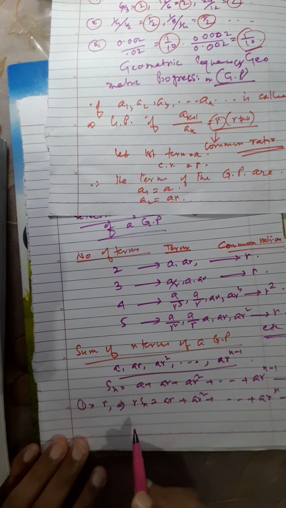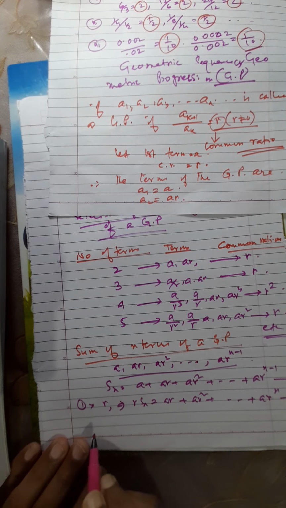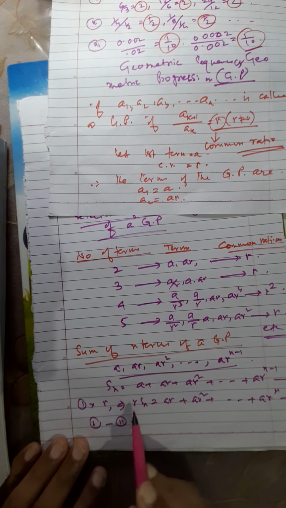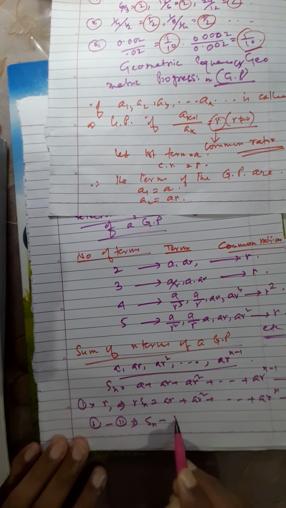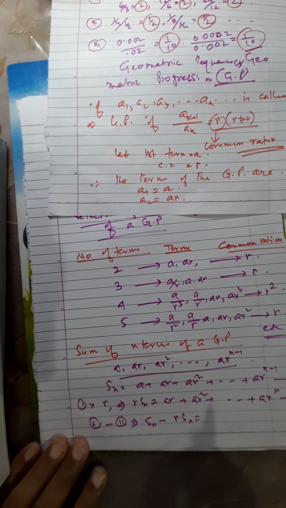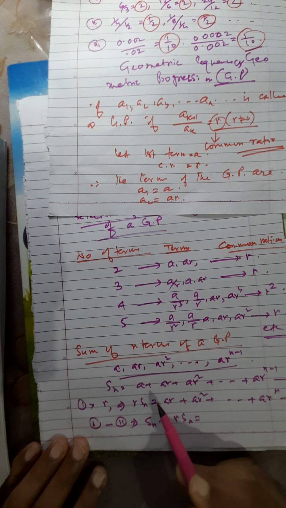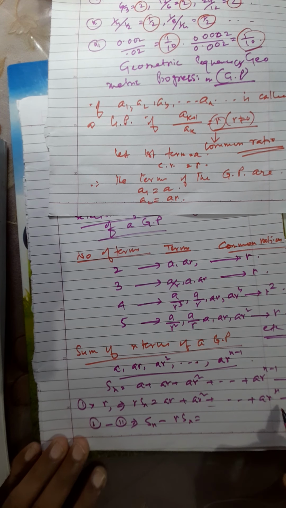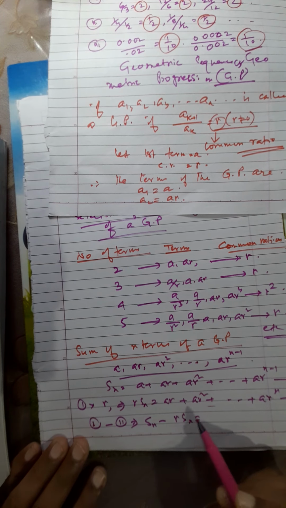So subtract these, 1 minus 2. So Sn minus r Sn is equal to these terms. In the lower part, the sign of the terms of the expression will be changed.